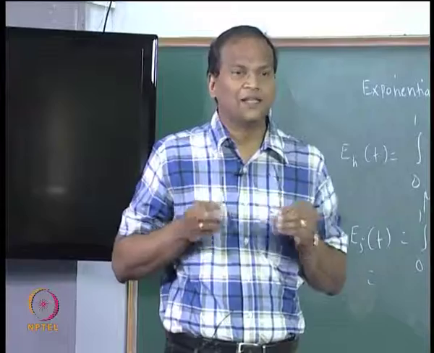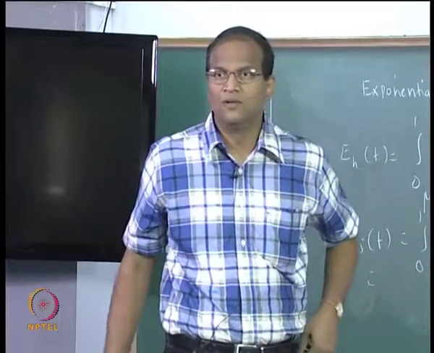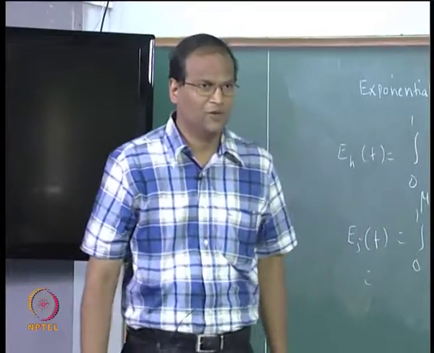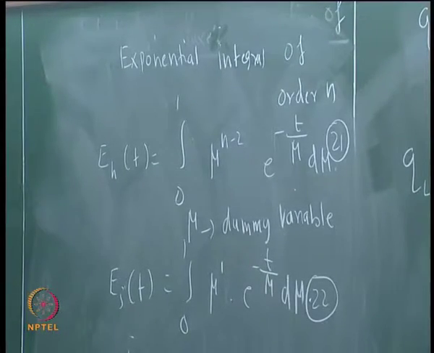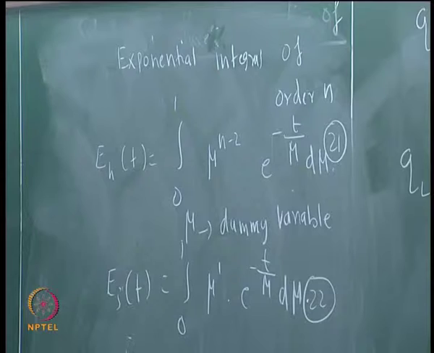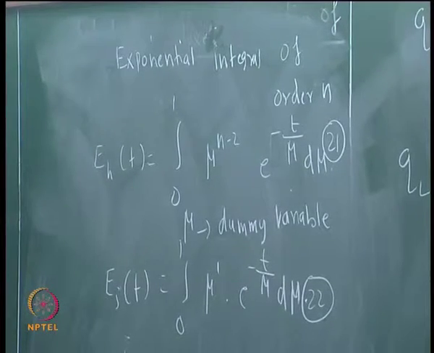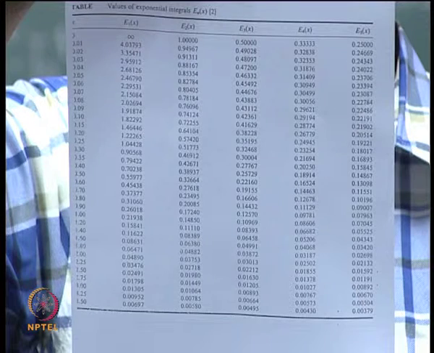The exponential integrals have been worked out and they are tabulated, and I am going to give you the table now. The leftmost number has not come out well, it got cut in the photocopying, but it is all right. This is the exponential integral table.